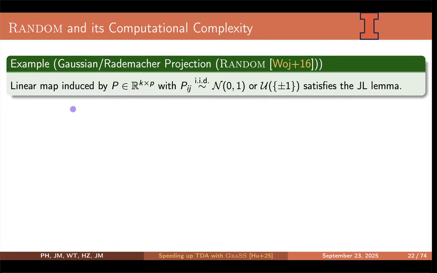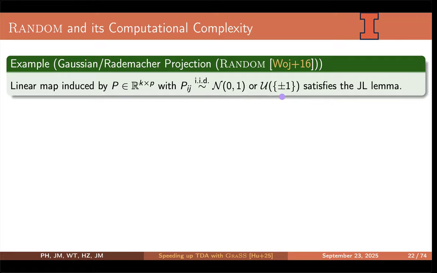And the simplest example might be just random projection, or random matrix projection. So think about a linear map induced by a random matrix of size k times p, such that each entry is sampled i.i.d. from some random distribution, let's say random normal, or the Rademacher distribution, which is just plus or minus one with equal probability.